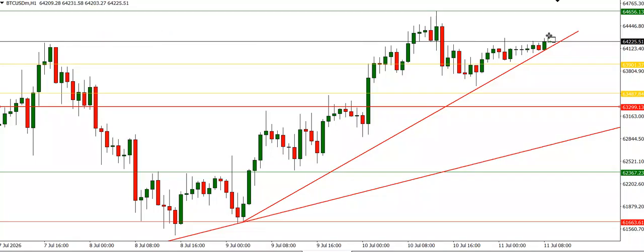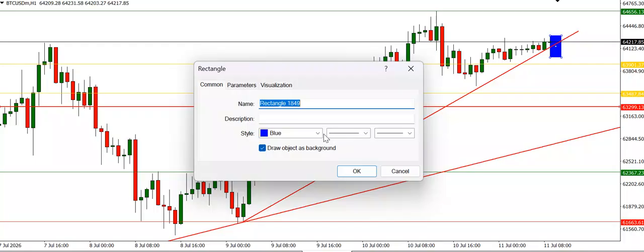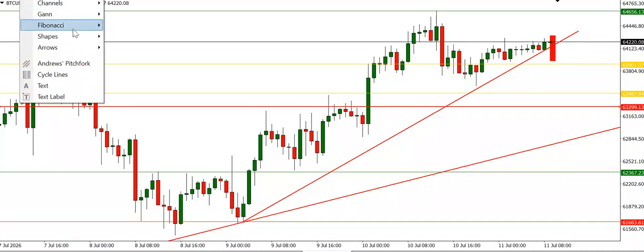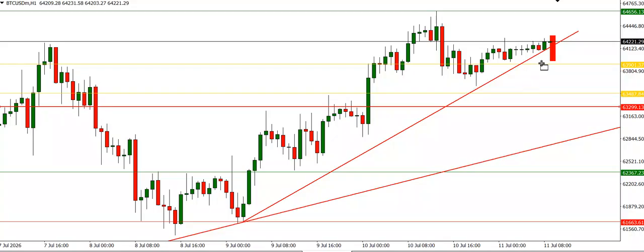So the best is for you to see a proper candle breaking below the trend line, a bearish candle breaking below the trend line, and also breaking the lower key level and closing below it before you can start to sell.